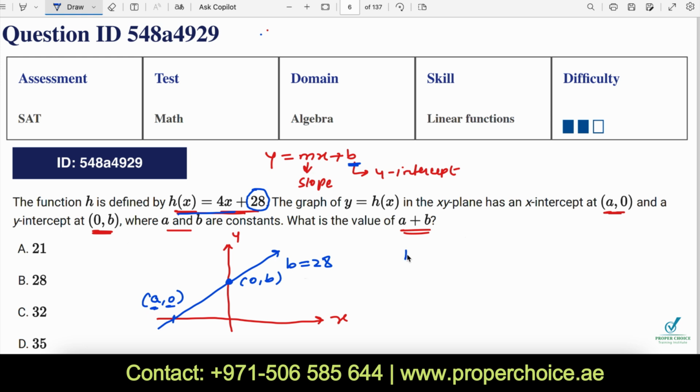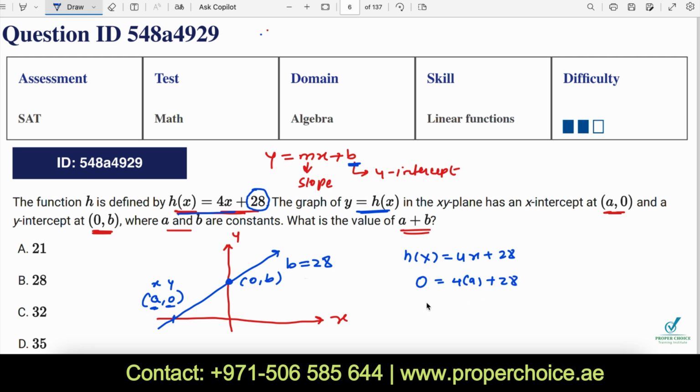So that is h of x equal to 4x plus 28. If you substitute the coordinate, this is generally the x value and this is the y value, and y is the same as h of x, because they said the graph of y equal to h of x. So substituting those values, 0 equals 4 times a plus 28.